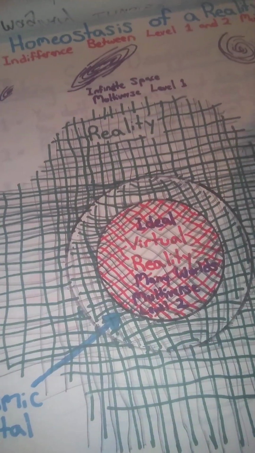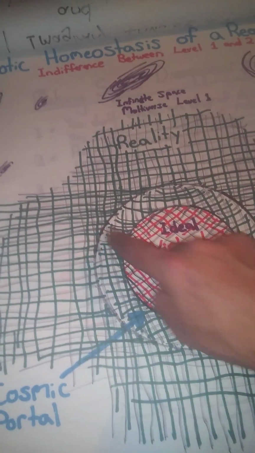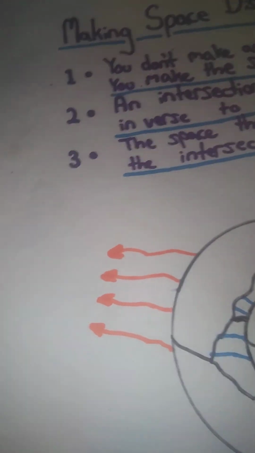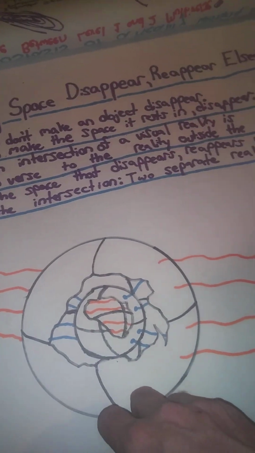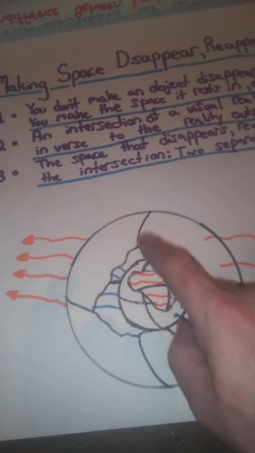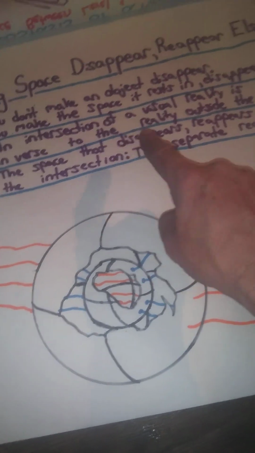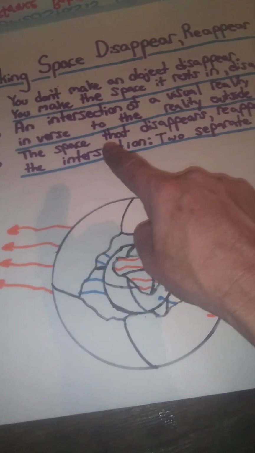You exist here and you exist out there too. You exist infinitely in any possible place where you might be replicated at your reality, and making space disappear, reappear elsewhere. You don't make an object disappear, you make the space it rests in disappear.